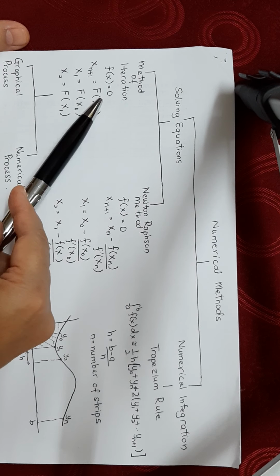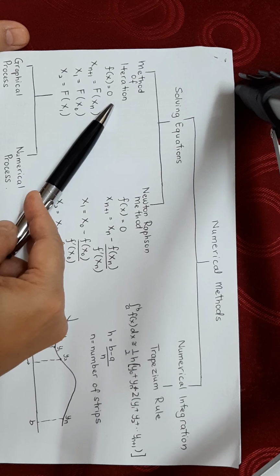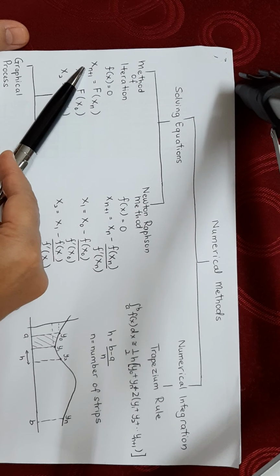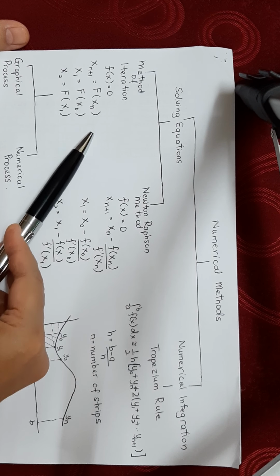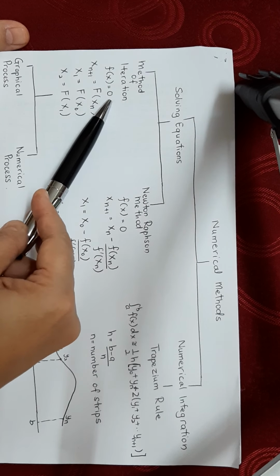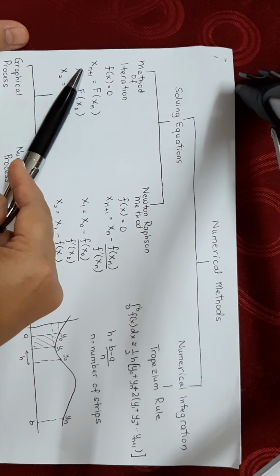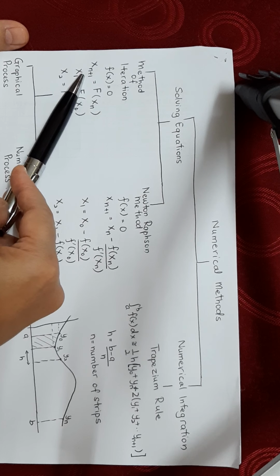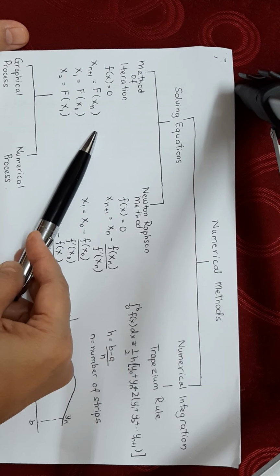You take the equation f(x) = 0 and rearrange it so that you get x only on your left hand side and the rest of the stuff on the right hand side.